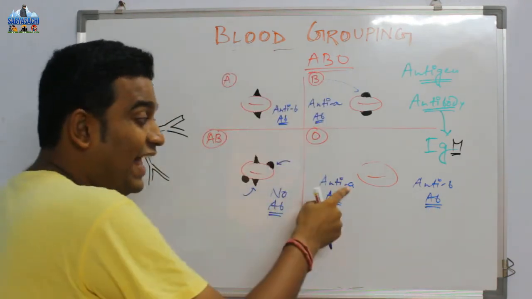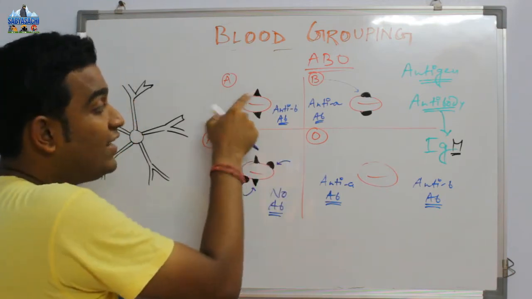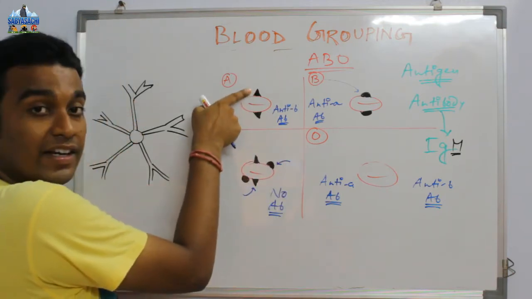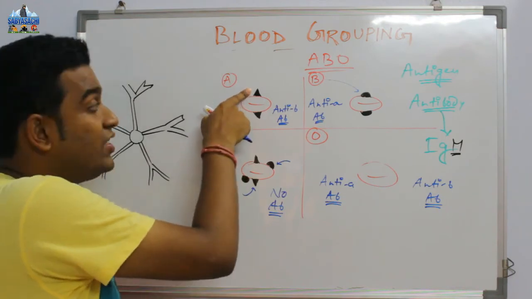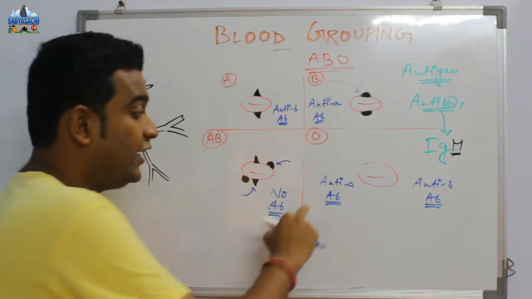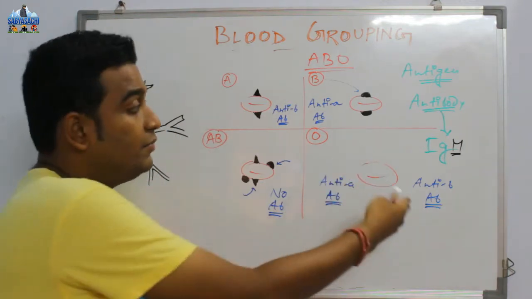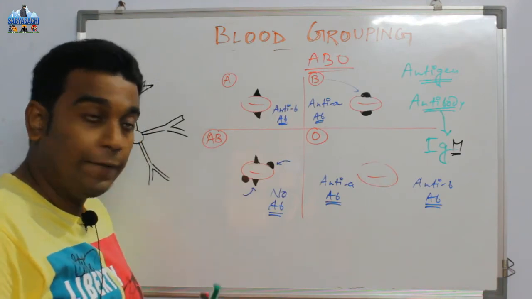Again I am saying anti-A means against the A. Now what is A? A is your antigen. So this is your A antigen. So I am preparing an antibody which is against my A. So that will be known as anti-A. So that is my anti-A antibody. Same thing goes for B. I hope that makes sense to you.